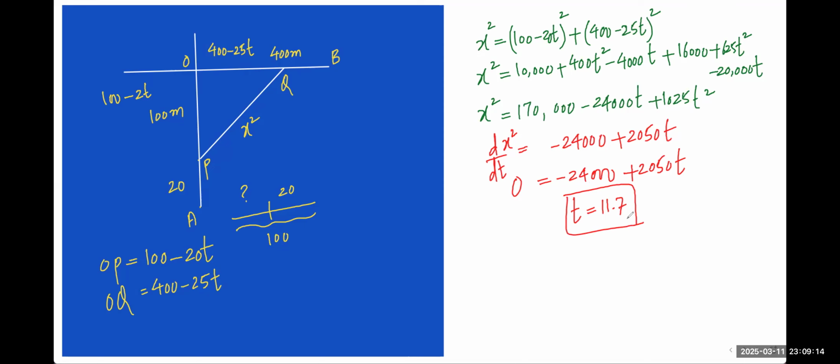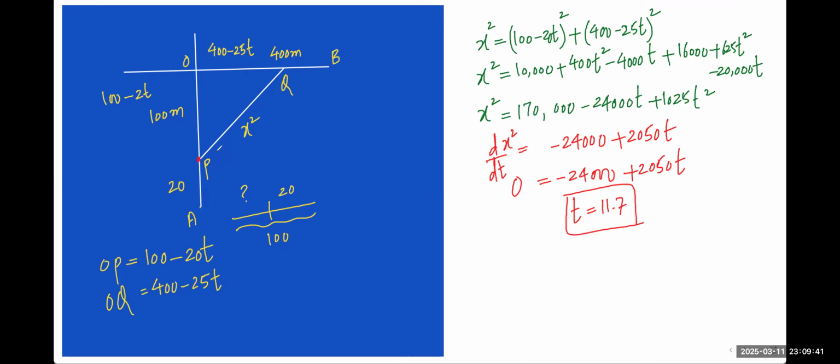And it's asking to show that the car passes the point O before the train. See, this is the car, this is the train. Who will go first here?